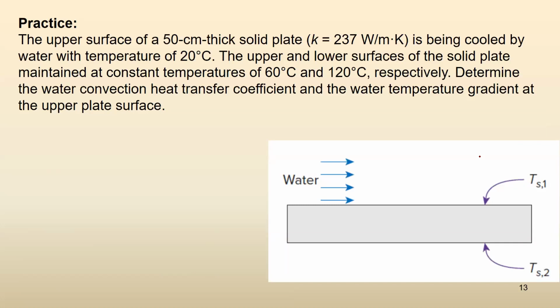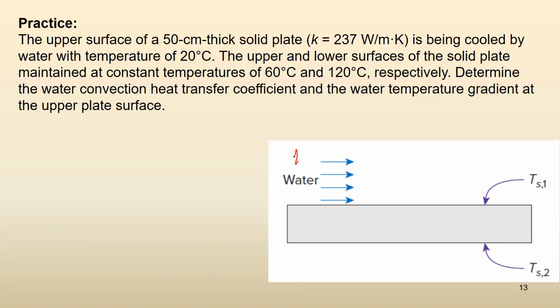So what you're asked to work on is this practice problem. The upper surface of a 50 centimeter thick solid plate with a conductivity of 237 watt per meter Kelvin is being cooled by water with a temperature of 20 degrees Celsius. So the temperature of this water here is 20.